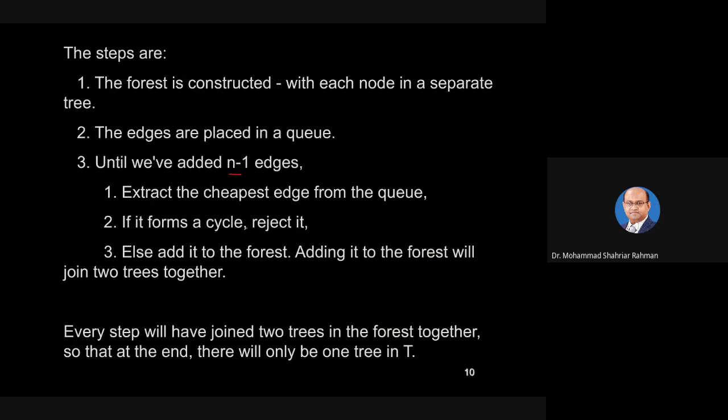If it forms a cycle, reject it, else add it to the forest. And adding it to the forest will join two trees together. So every step will join two trees together.